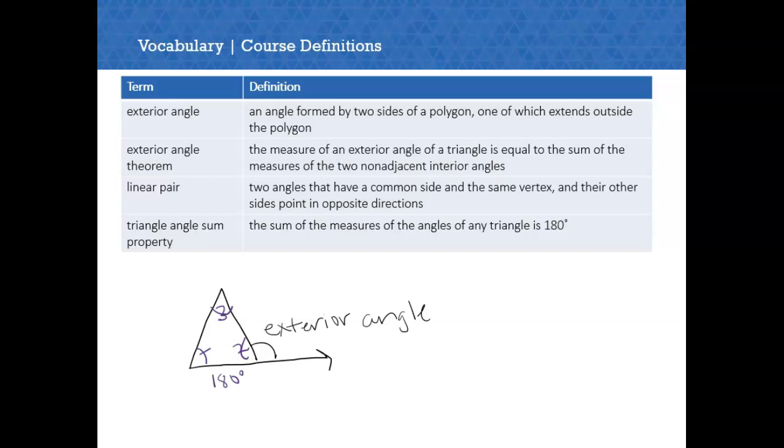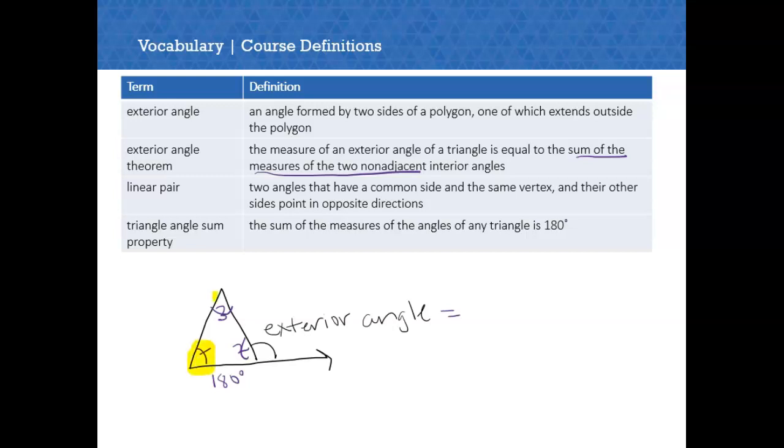And now it says, for the exterior angle theorem, the measure of an exterior angle of a triangle is equal to the sum of the measures of the two non-adjacent interior angles. So this exterior angle is equal to the non-adjacent, so it's adjacent to 2.